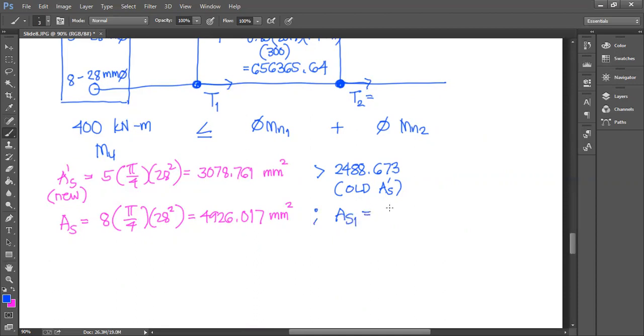Ngayon, since meron tayong A prime S and AS, pwede natin sabihin na yung AS1 is equal to, para hindi malito, yung equation na lang. AS1 is equal to AS minus A prime S, since alam natin na yung A prime S is equal to AS2. So meron tayong 4926.017 minus 3078.761.